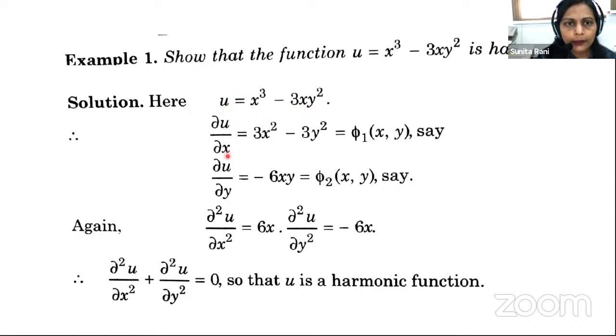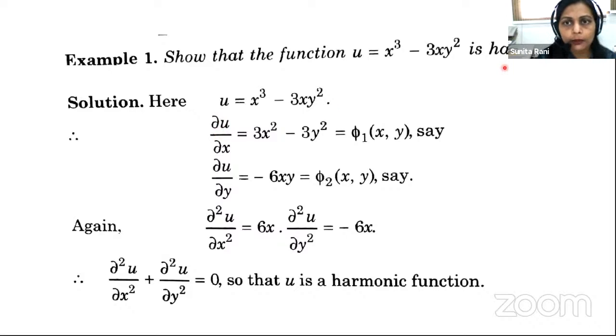First find curly u by curly x, the derivative of u with respect to x. This is 3x square minus 3y square. Similarly, find the derivative with respect to y, curly u by curly y. There is no y in the first term, so its derivative is 0, and it becomes minus 6xy.